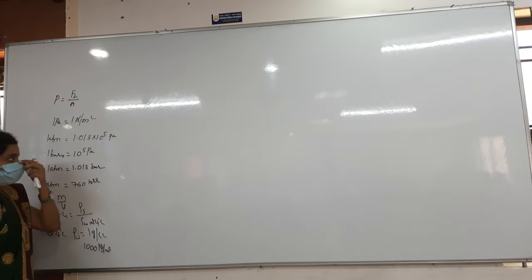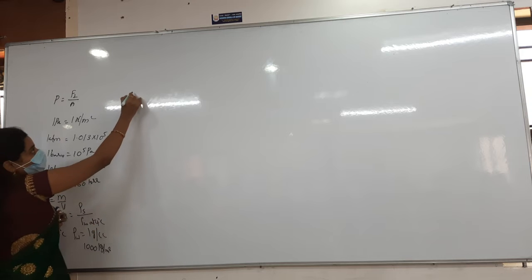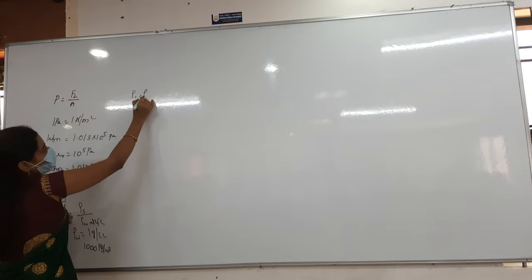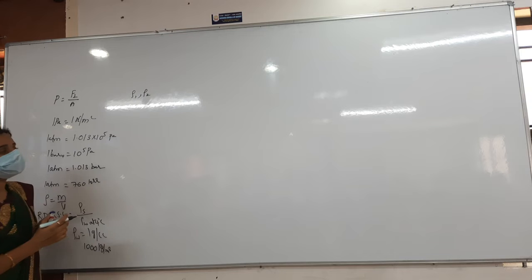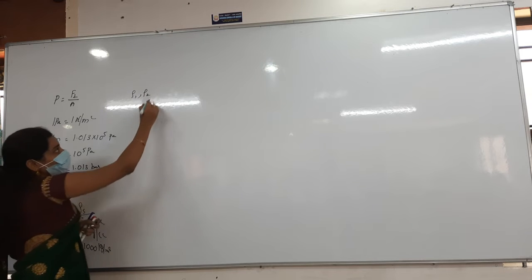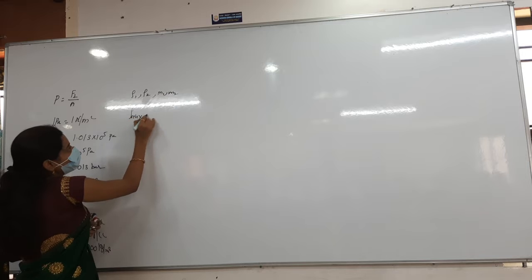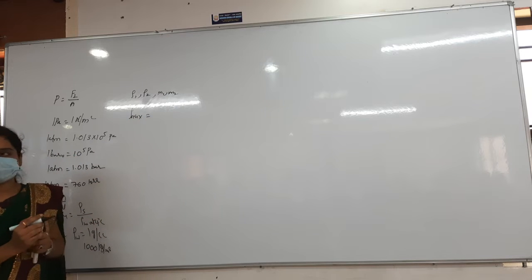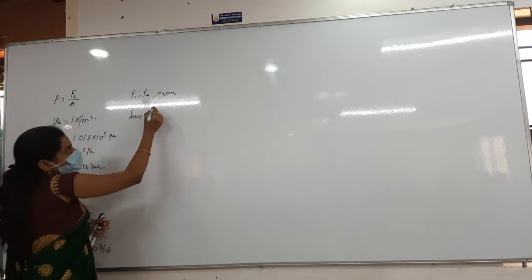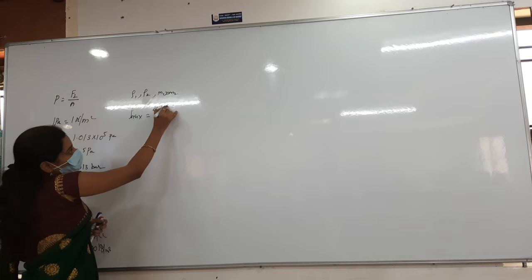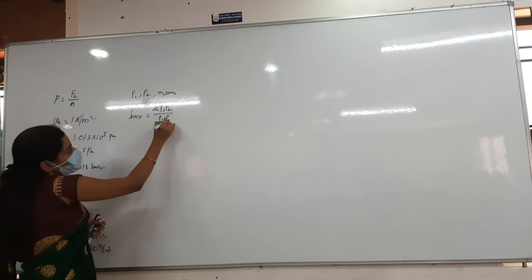And then after that we saw the density of mixture problems. For example, I have mixed two fluids of densities rho 1 and rho 2 with masses m1 and m2. Then what is the rho mix formula? At equal masses, rho mix is equal to 2 rho 1 rho 2 by rho 1 plus rho 2.